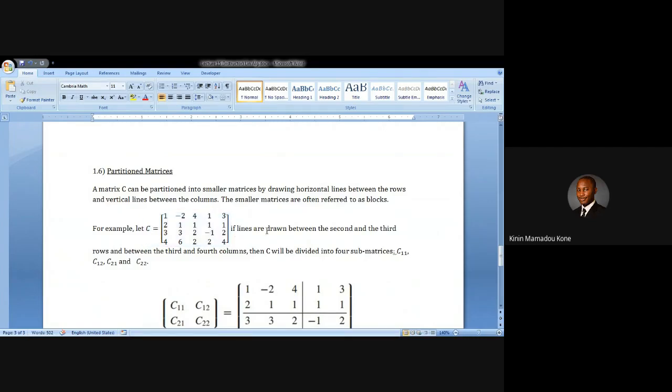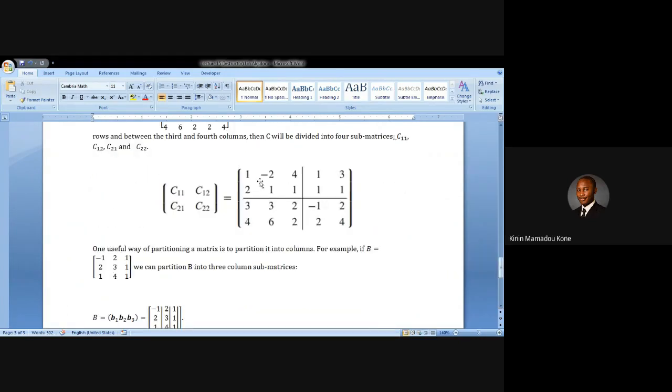If lines are drawn between the second and the third rows and between the third and the fourth columns, then C will be divided into 4 submatrices: C sub 1 1, C sub 1 2, C sub 2 1, C sub 2 2. So C sub 1 1 is a block, C sub 1 2 is a block, and so on. So this one here is a block, this one is a block, this one is a block, this one is a block, just like the C11 block.